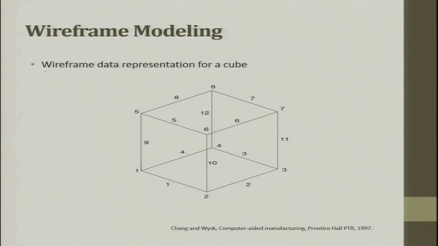In a wireframe representation, if we try to draw a cube, we would like to see how this data is represented. So, here these are the vertices 1, 2, 3, 4, and you just offset this plane, you get 5, 6, 7, 8. Okay. Now, you have drawn this.